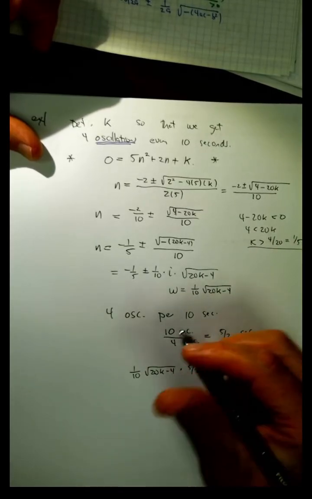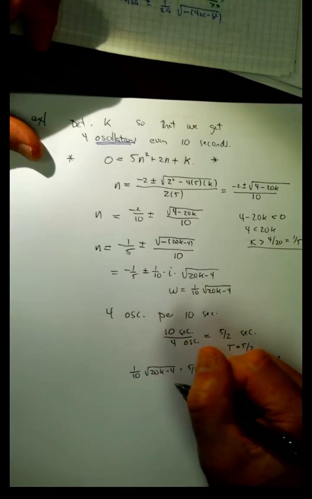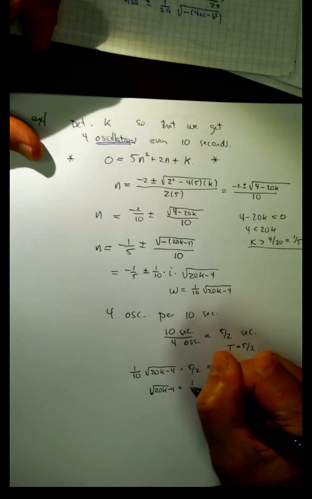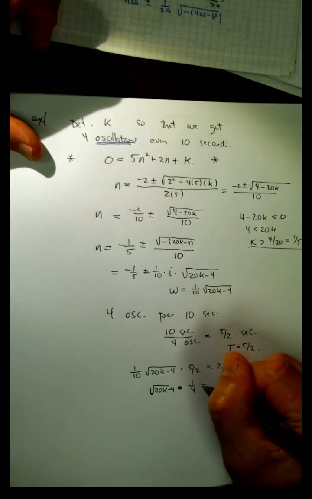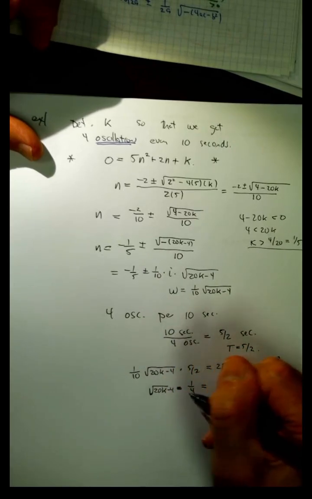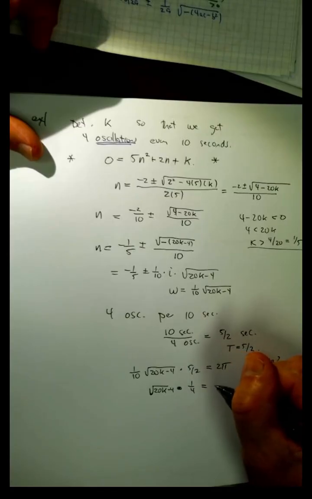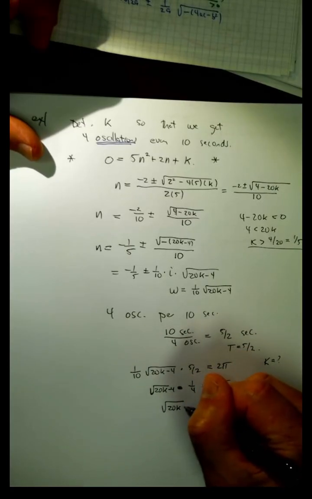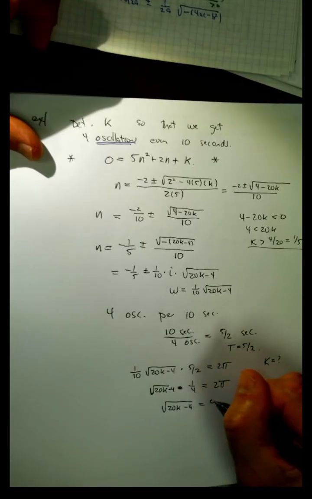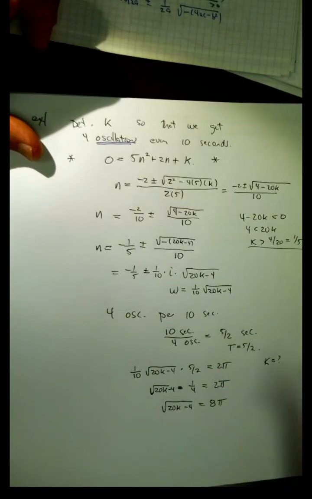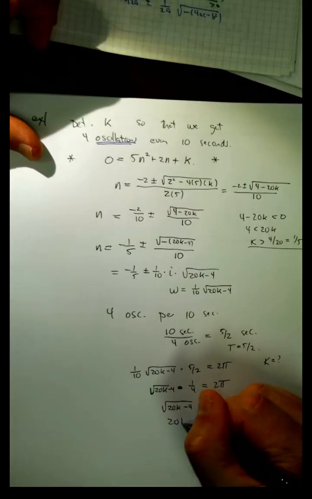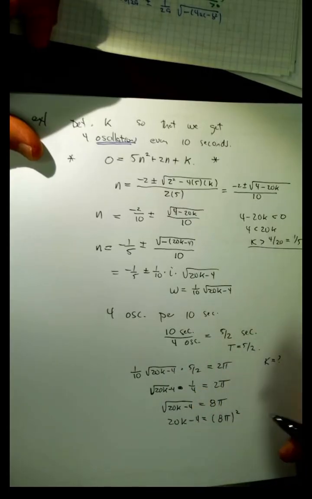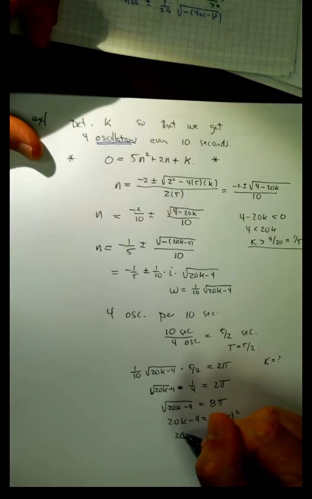So let's see, this 5/10 becomes 1/2. This becomes 1/4. So square root of 20k minus 4 times 1/4 equals 2 pi. Square root of 20k minus 4 is going to be 8 pi. I multiply both sides by 4. I'm going to square both sides. Add 4.